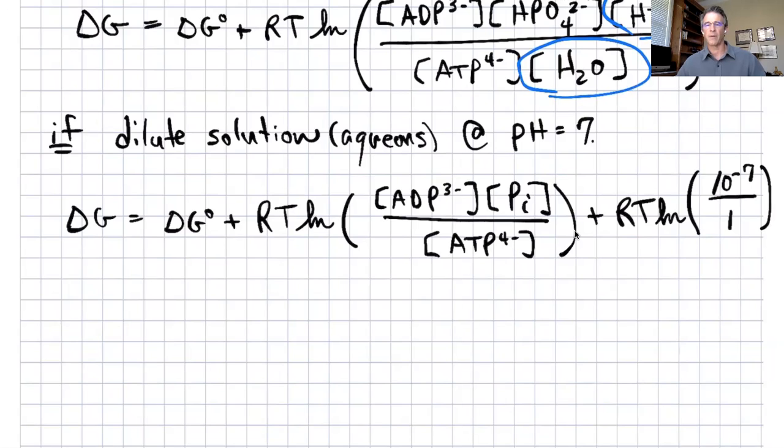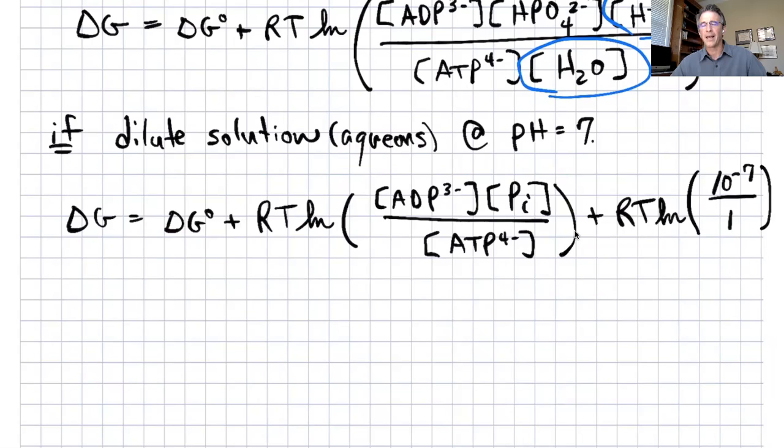Now you say, wait a minute, Dr. Rye, why 1? Where did the 1 come from? Remember, I split the two things out of that expression that are no longer variables: hydrogen ion concentration and water. Hydrogen ion concentration is clamped at pH 7, so 10 to the minus 7, by the fact that I'm buffering at pH 7.